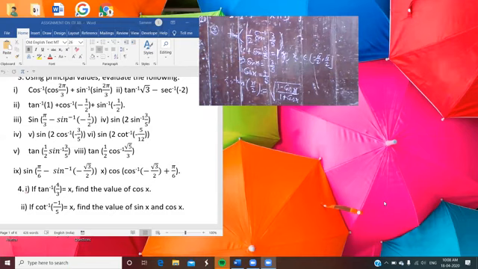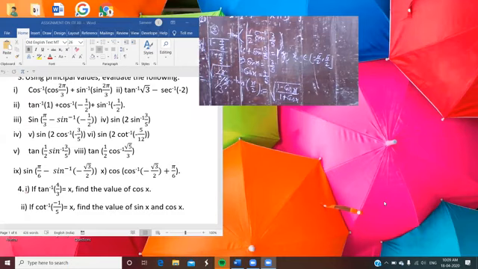Do it fast. So this can be written as under root 1 minus 4 by 5 divided by 1 plus 4 by 5. That is under root 1 by 5 upon 9 by 5. So 5 is cancelled out, and your result is 1 by 3.